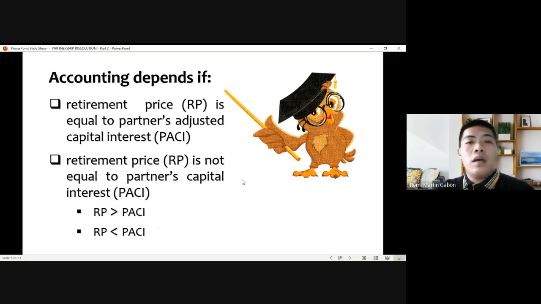The accounting depends also if the retirement price is equal to the adjusted capital interest of the retiring partner, or the retirement price is not equal to the partner's capital interest, or PASI. So it could be the retirement price is greater than the PASI, or the retirement price is less than the PASI. Okay, so PASI is short for partner's adjusted capital interest.